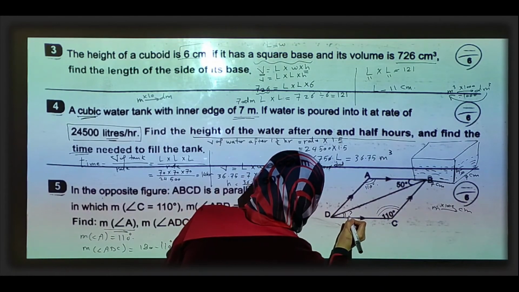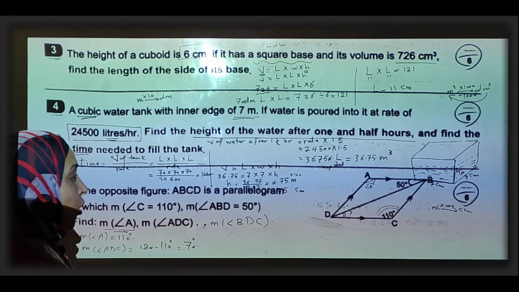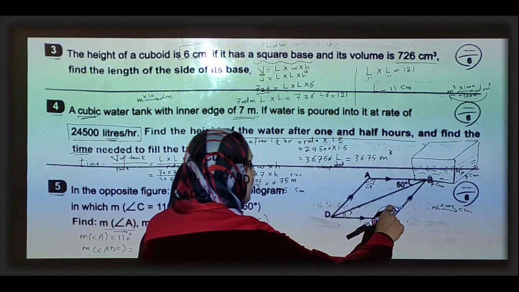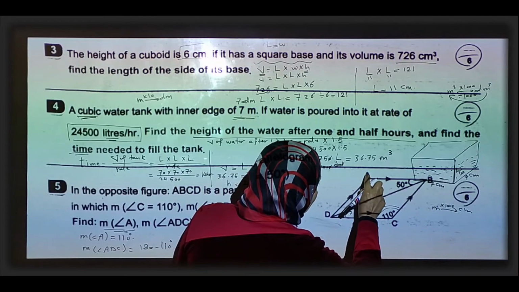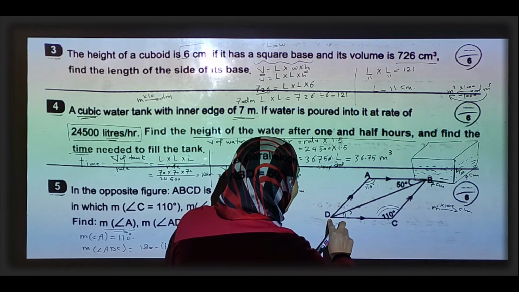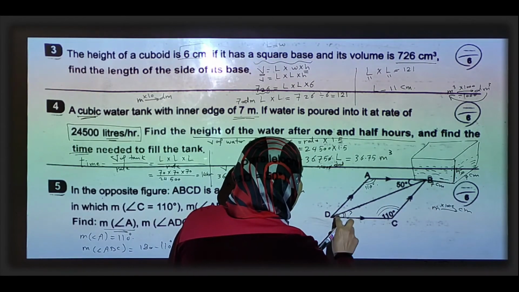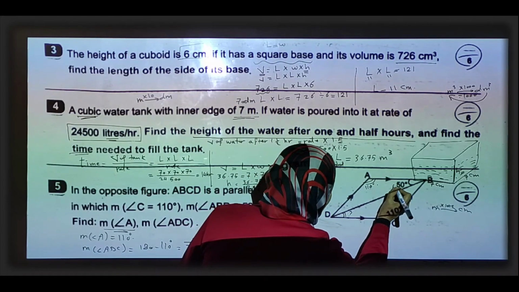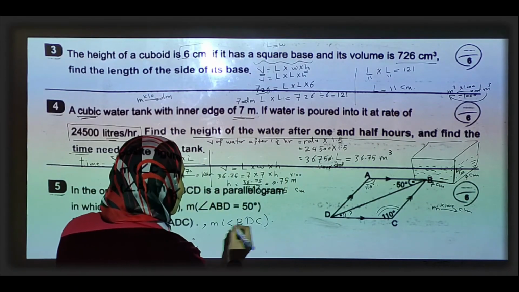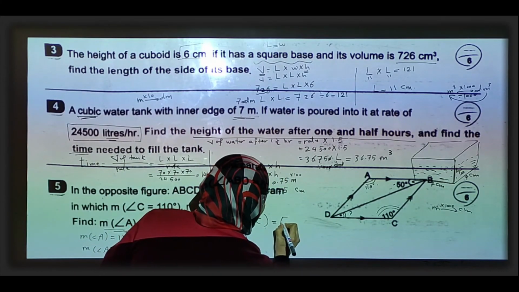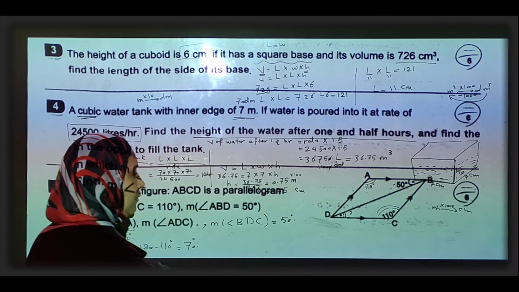This angle only. Also from the parallelogram properties, we know the measure of angle ABD equals the measure of angle BDC. This angle equals the measure of this angle. So this angle is 50 degree.